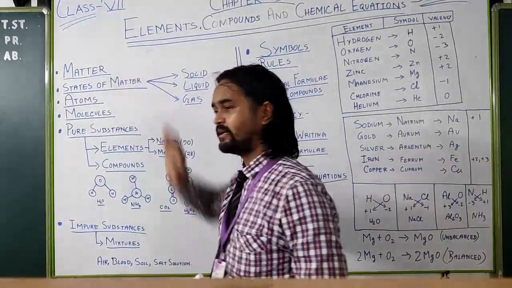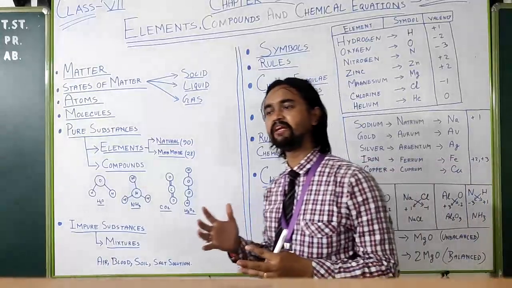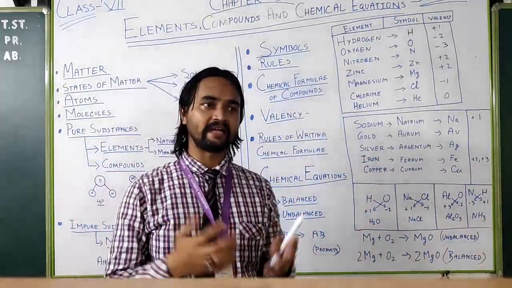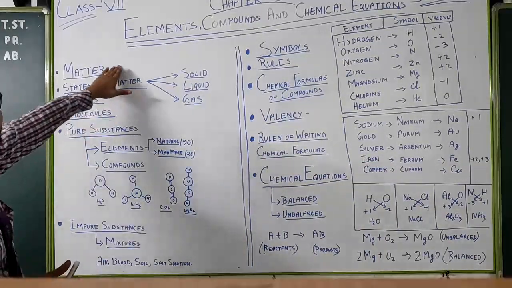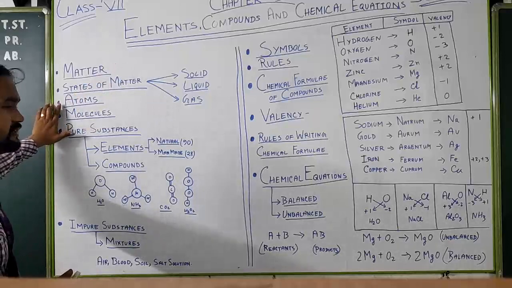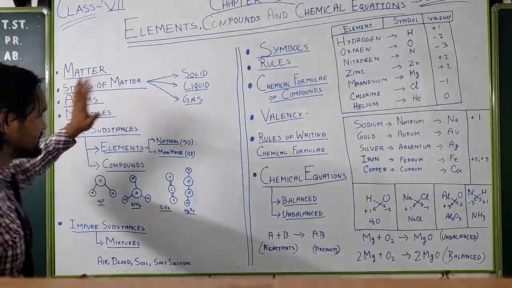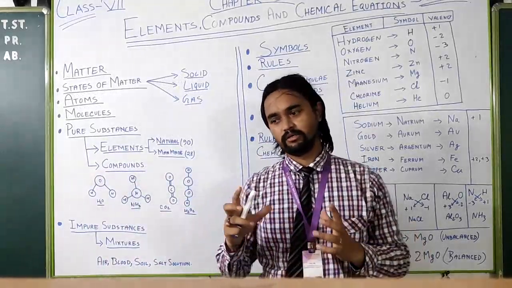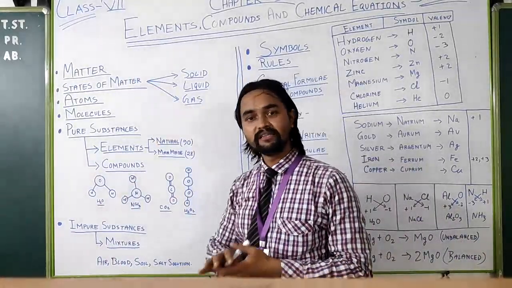Next, what is matter made up of? Matter is made up of atoms. What are atoms? Atoms are tiny particles. So, matter is made up of different atoms. These atoms may be of the same element, or of different elements.